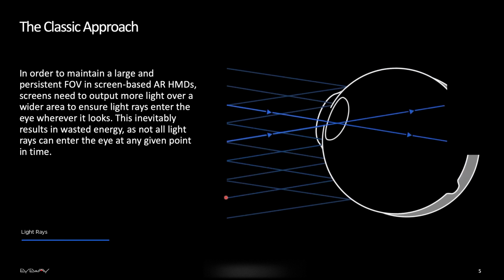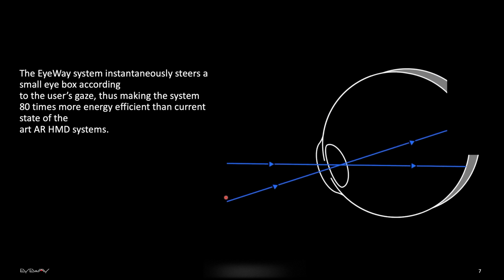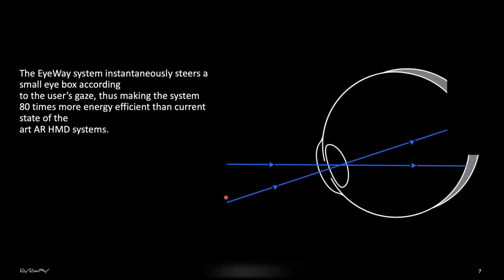What is different about what we are doing, and this is very important to understand because this is the fundamental part, is that we steer the exit pupil of the projection system to the gaze direction, meaning that wherever the eye is rotating, the projection moves together with the gaze.